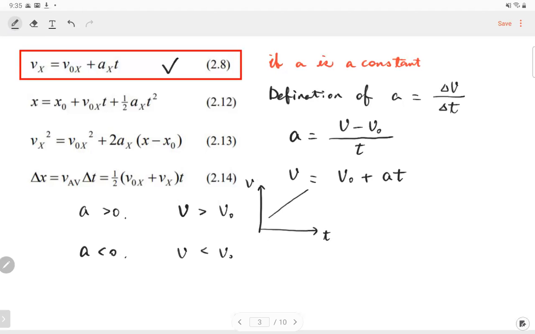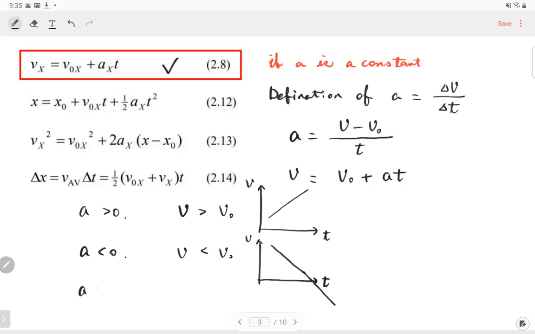Then the curve will be decreasing. Right? And if the curve goes to 0, that means the velocity goes to 0. And if the velocity goes negative, that means the motion returns.